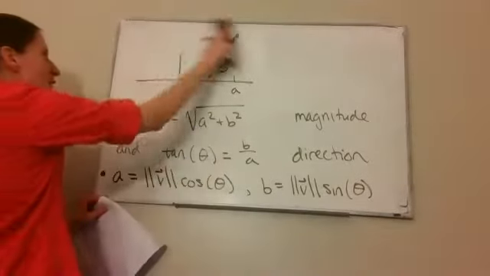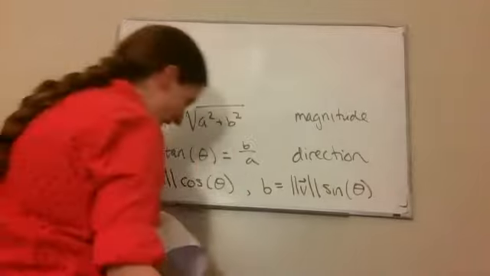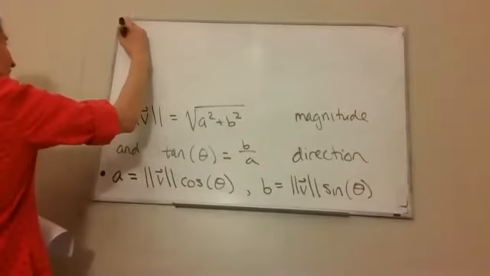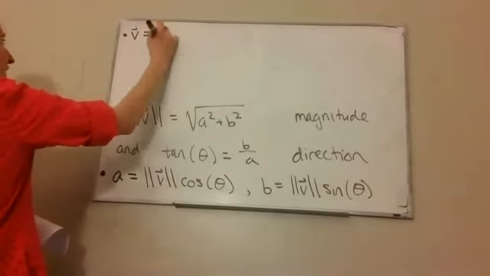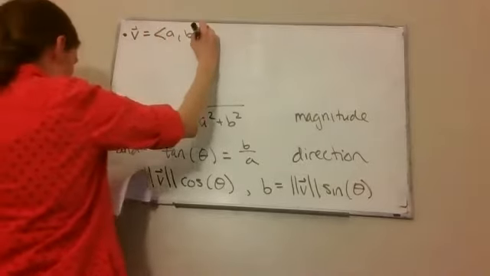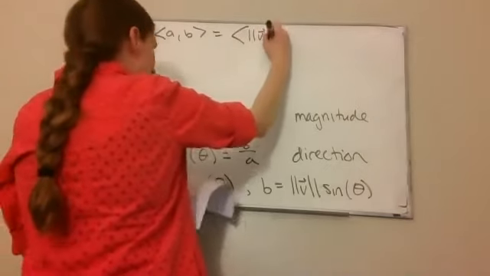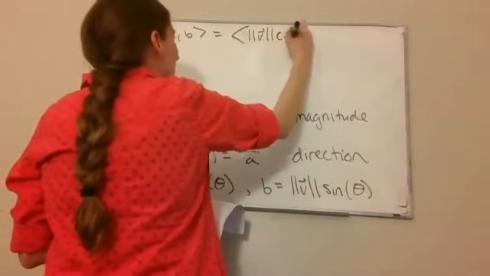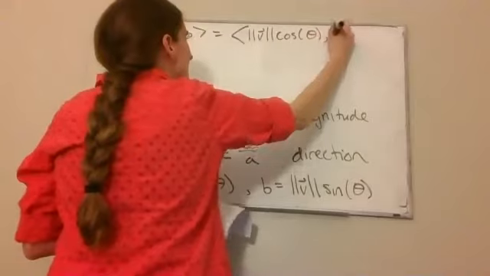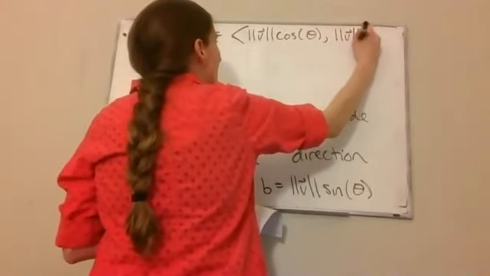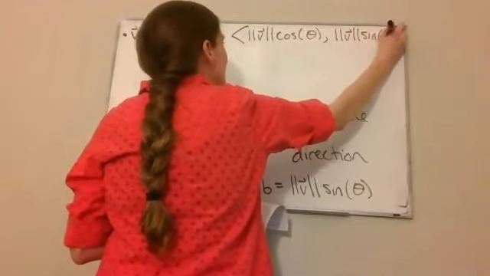And that means I can write my vector v in many different ways. We already had vector v equals ab. This is now equal to magnitude of v times cosine theta, magnitude of v times sine theta.